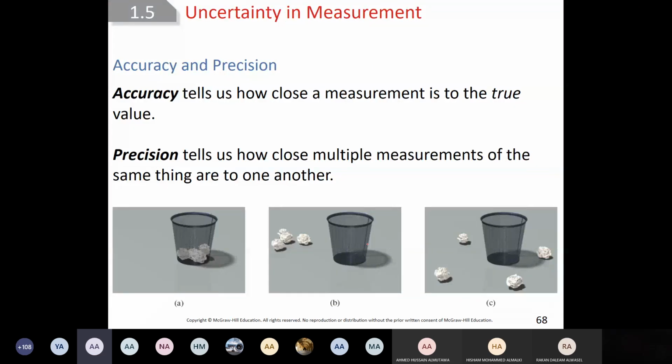All right. Next, very important. Look carefully at the 3 boxes here. I want you to know 2 words: accuracy and precision. First one here, if I ask one of you to throw this paper inside the basket here, this student is accurate and precise.